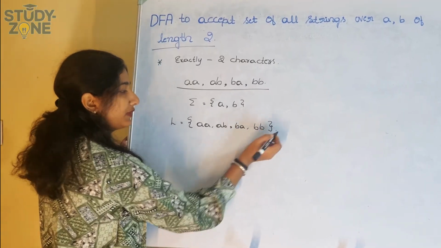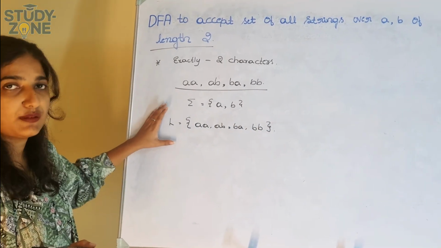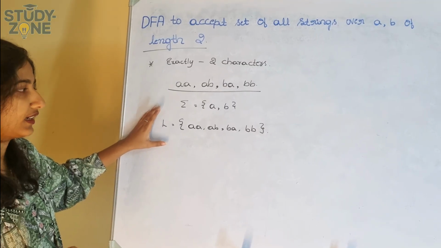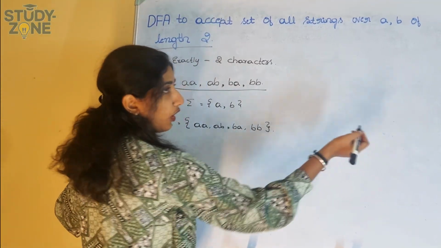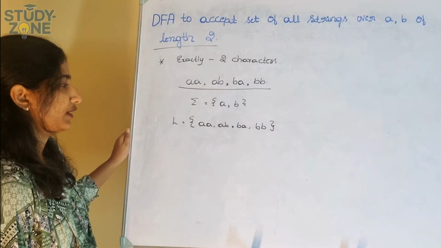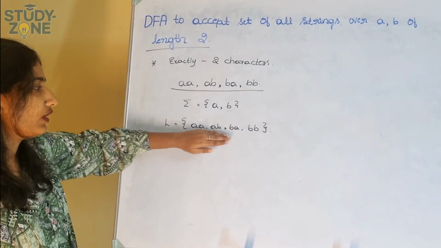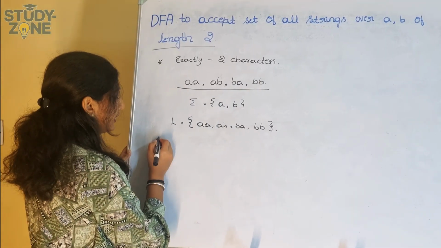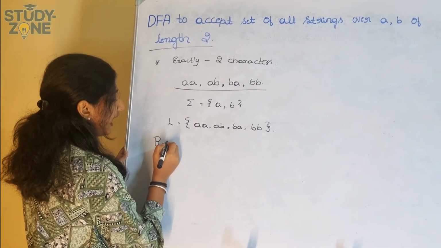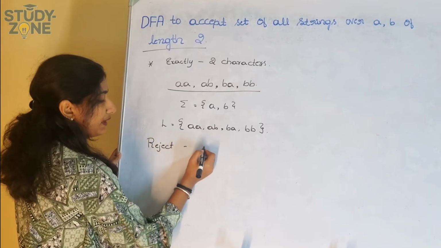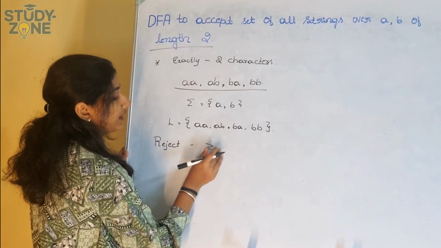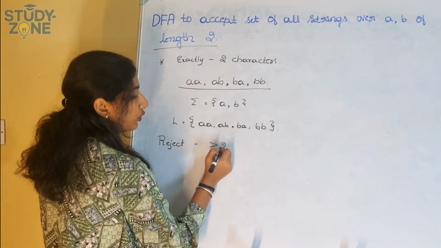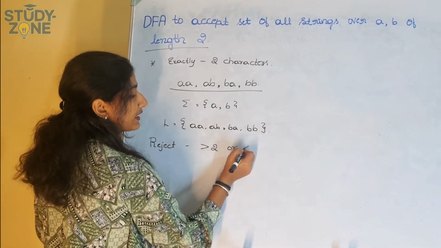This is a finite number of terms in the language. There is nothing like 'and so on' or an infinite number of terms, because we have only 4 strings that can be accepted. Apart from that, we have to reject strings which are longer than 2 or shorter than 2.